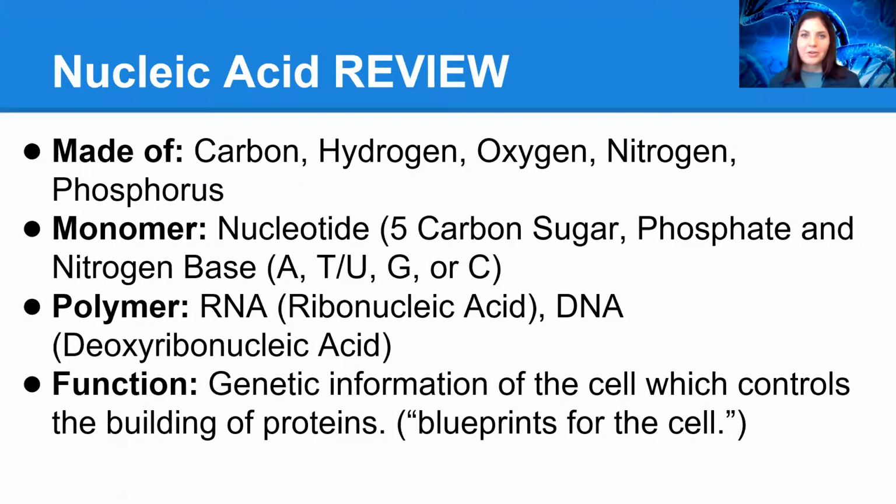So in review for our nucleic acids, we all know now that they are made of carbon, hydrogen, oxygen, nitrogen, and phosphorus. So the monomer of nucleic acids is a nucleotide with a 5-carbon sugar, a phosphate, and a nitrogenous base. There are 5 different nitrogenous bases. We have adenine, thymine, guanine, and cytosine. Those are all in DNA.